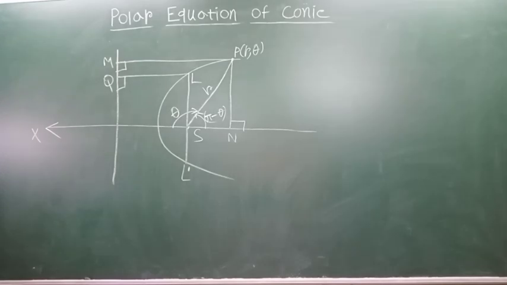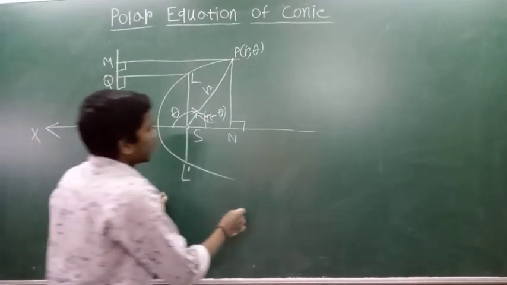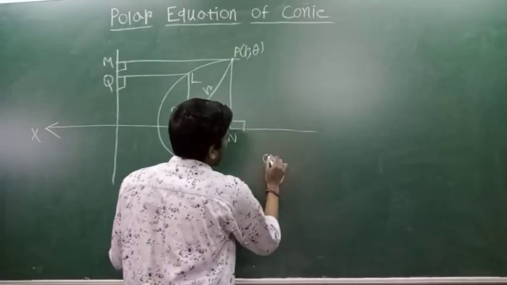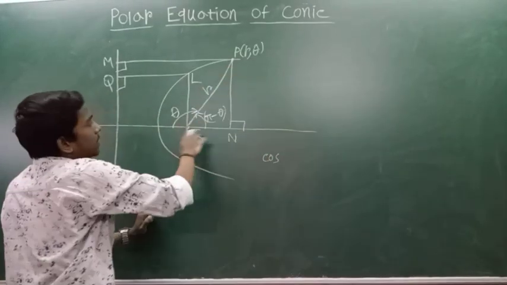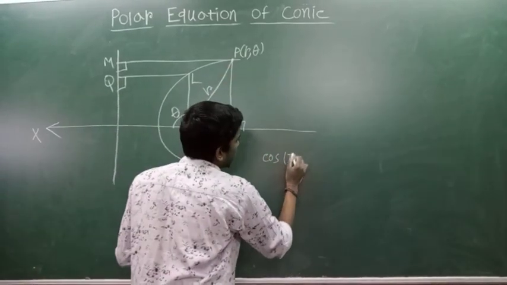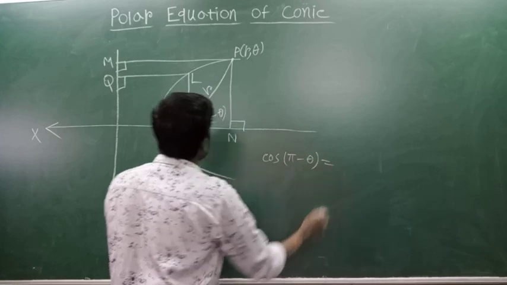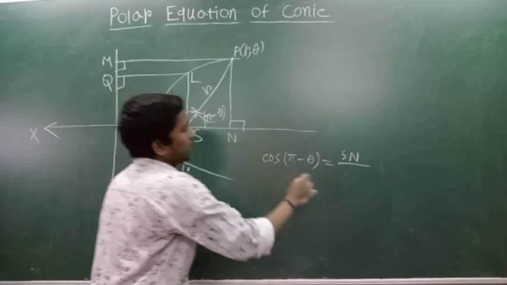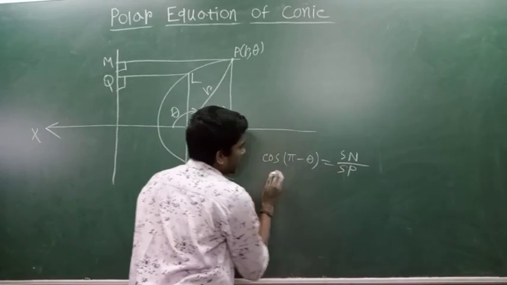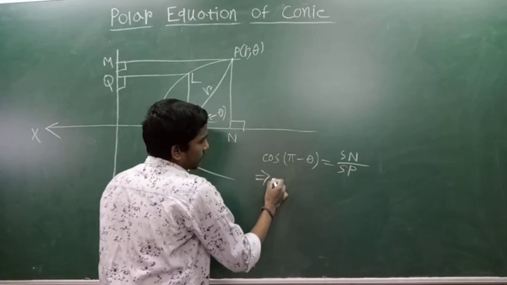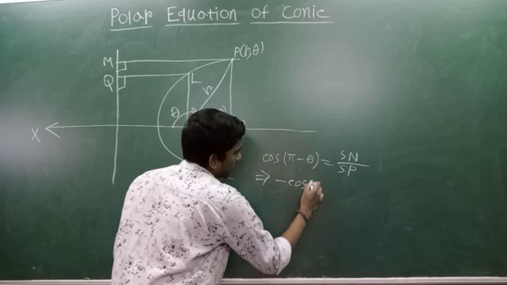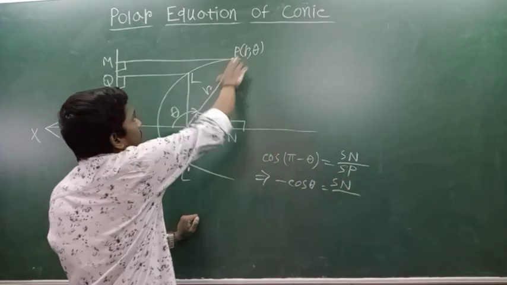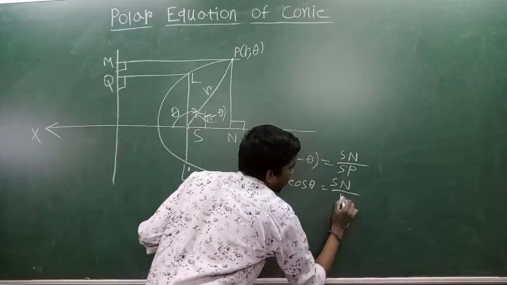Now from this triangle PSN, cos of this angle, cos of pi minus theta, is equal to base SN divided by hypotenuse SP, which implies minus cos theta is equal to SN by SP, which is the radius vector r.